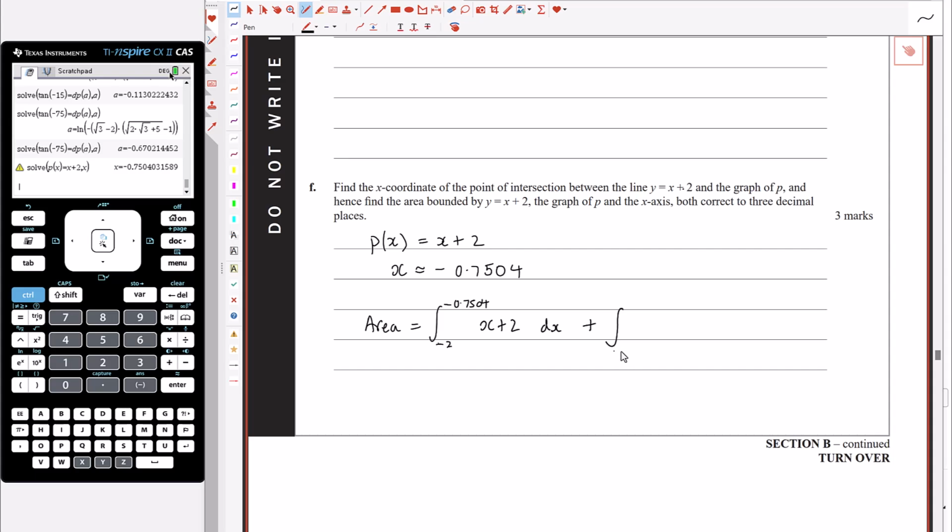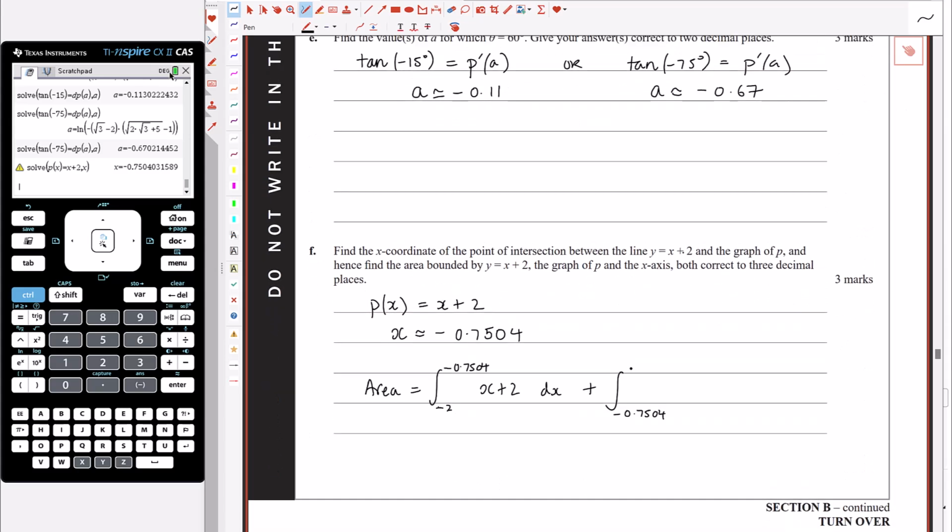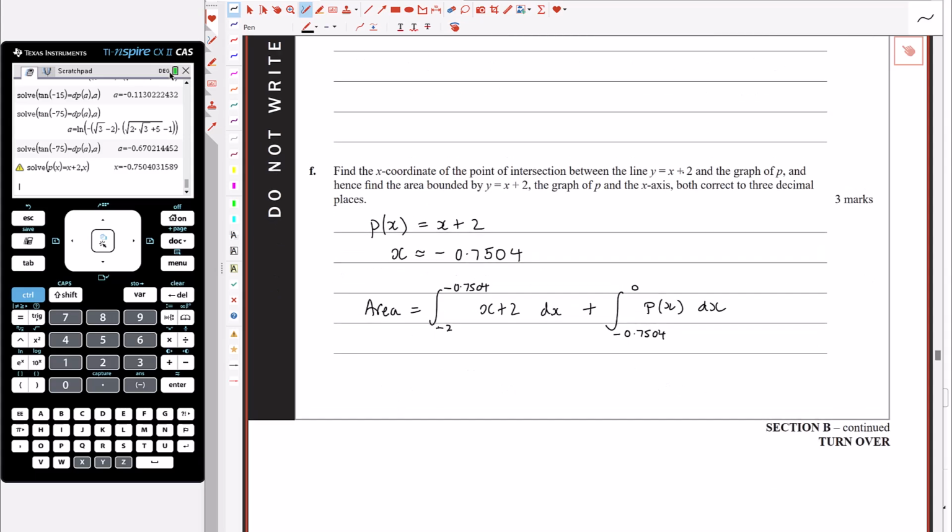Plus, we're going to need the integral from that point of intersection up to 0, which is the x-intercept of p of x. Don't forget your dx's. Oh, we want both to 3 decimal places. Okay, my apologies. I forgot that finding this point of intersection was actually a specific answer that we do want.